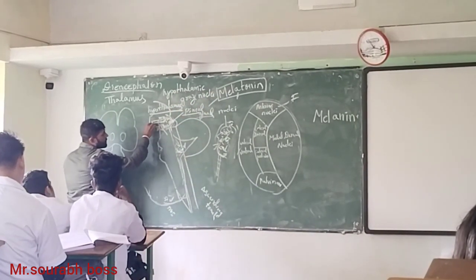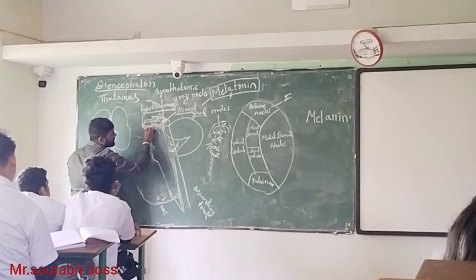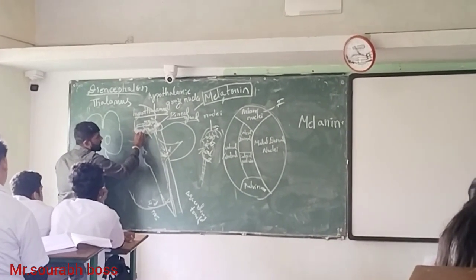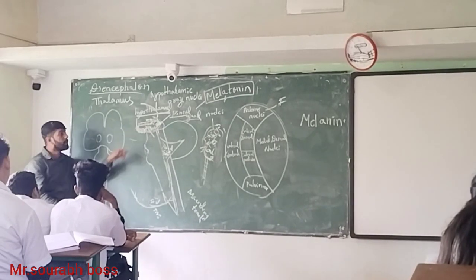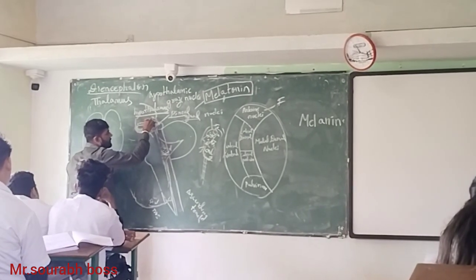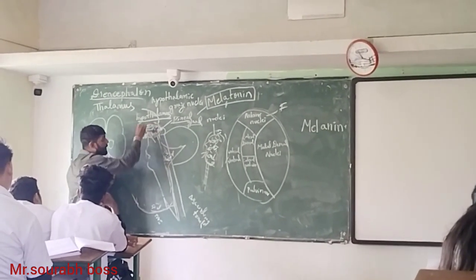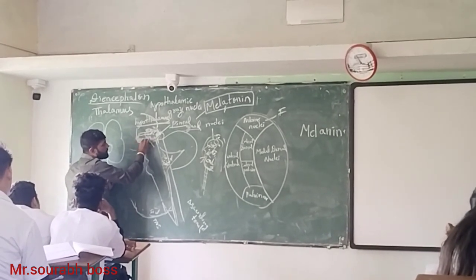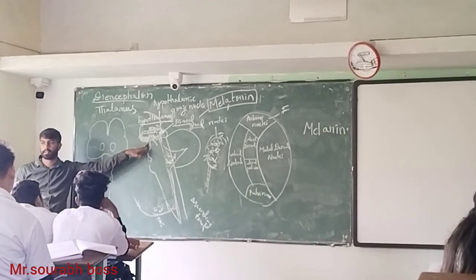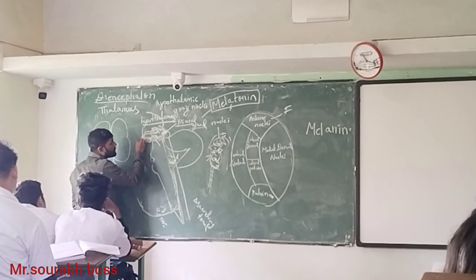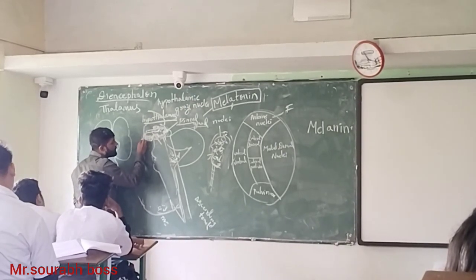Okay. So it has a structure like this. It is below the thalamus. Okay, this hypothalamus is also connected to some of the glands.